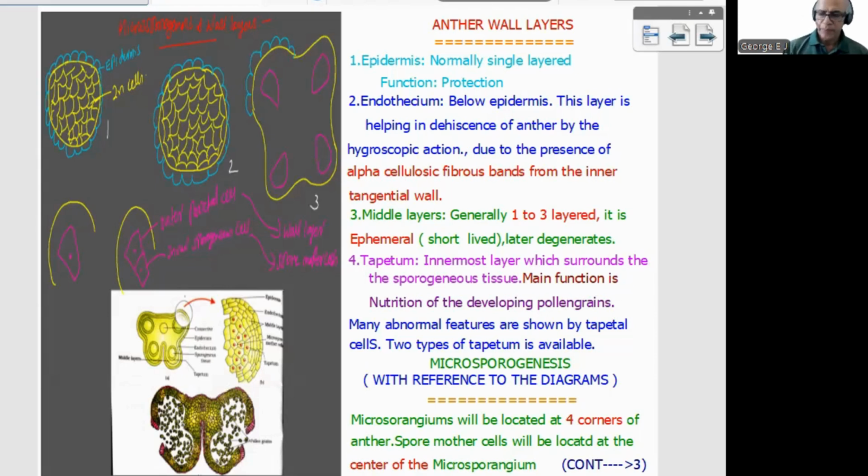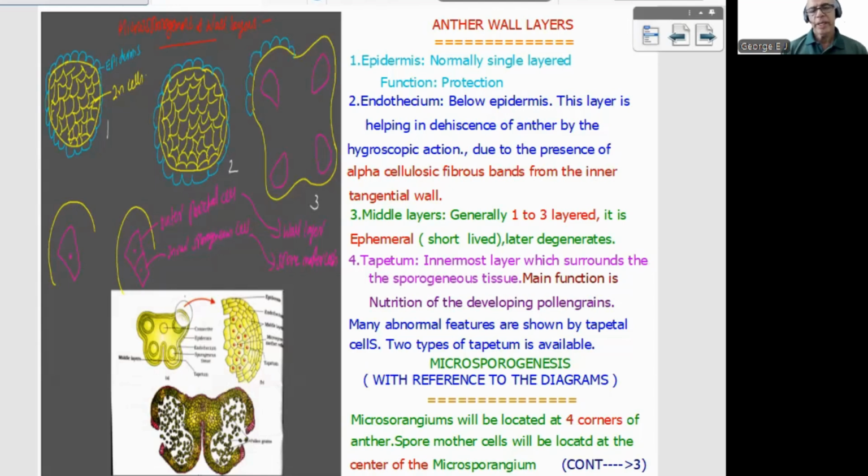And later it becomes a bilobed nature. So the third diagram, if you observe, we can find it. Now, in this bilobed structure, from 4 corners of the anther, 4 cells become predominant. And these cells are called archesporial cells. Each archesporial cell will undergo transverse division, forming an outer parietal layer and an inner sporogenous layer.